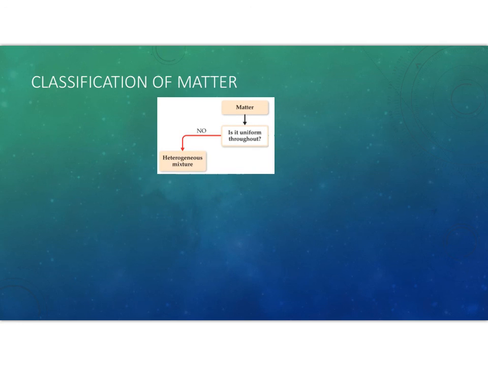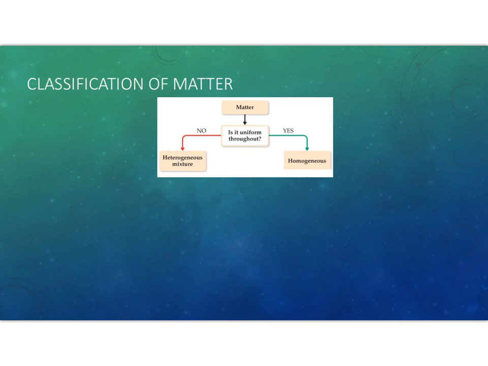If the answer is no, it does not look uniform throughout, I can see differences throughout my sample of matter, then this was easy. I have a heterogeneous mixture on my hands. Draw your arrow with no on top and heterogeneous mixture as your answer choice.